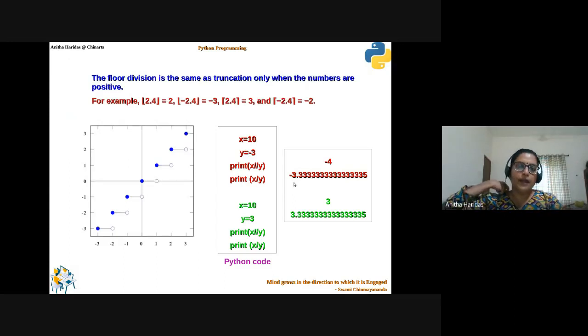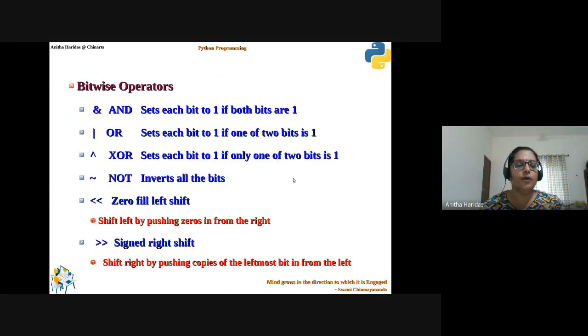Okay. Now, another set of operators are bitwise operators. All these bitwise operators are very familiar to you: and operation, or operation, exclusive or, and not operator. It's all similar to whatever you have studied in your digital systems, C, C++. And operation, if both are 1, it gives you 1.